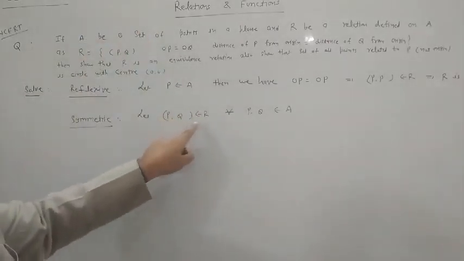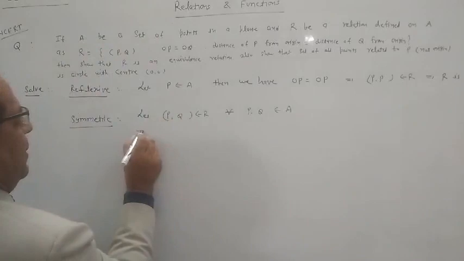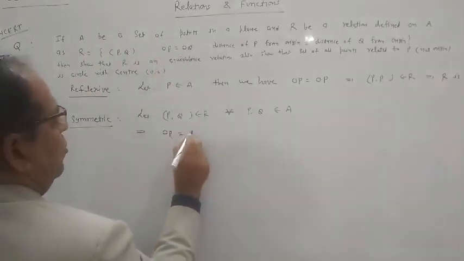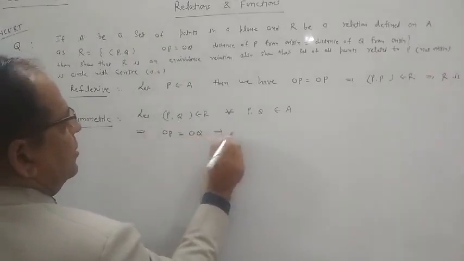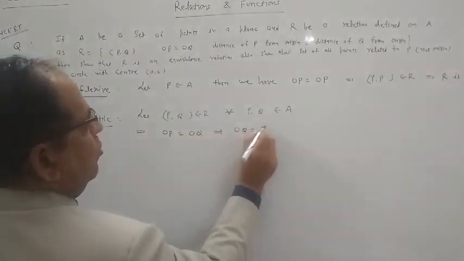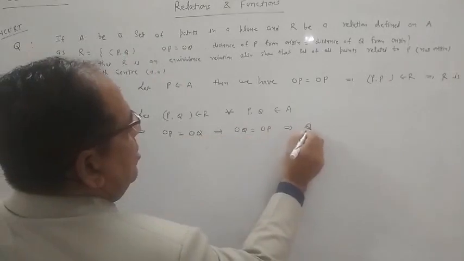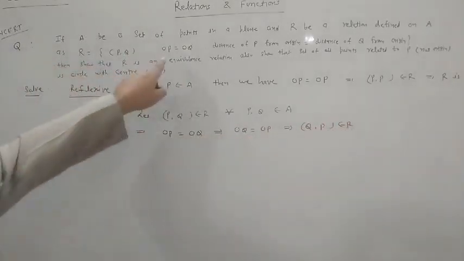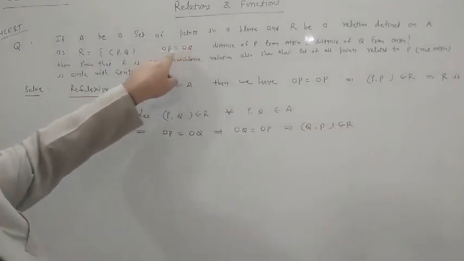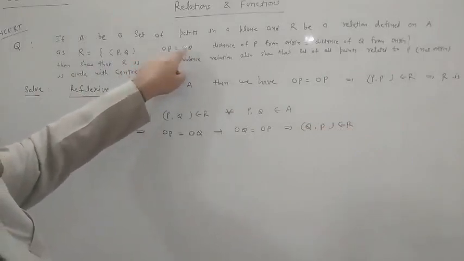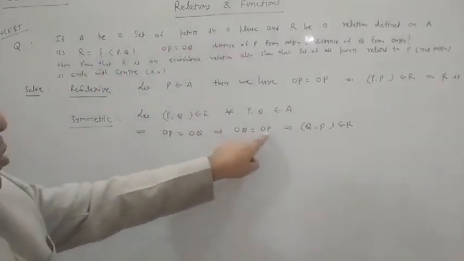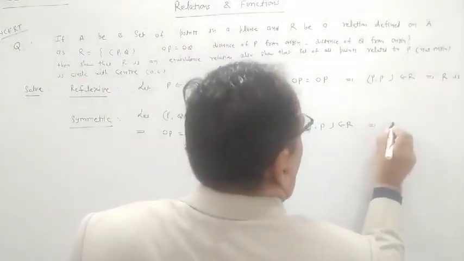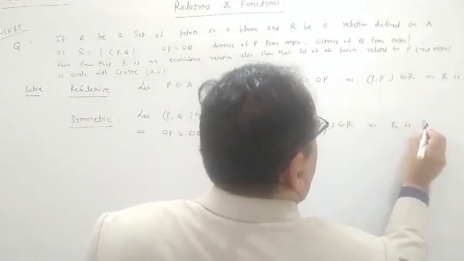(P, Q) is a pair which is an element of relation R. This implies that, according to the definition of this relation, OP equal to OQ, which can be written as OQ equal to OP. This means (Q, P) belongs to R. So R is symmetric.